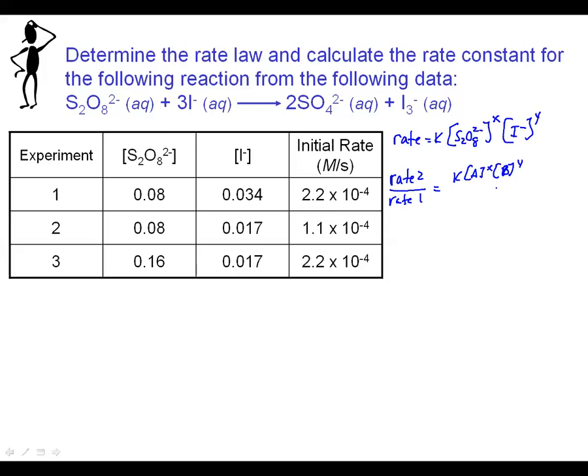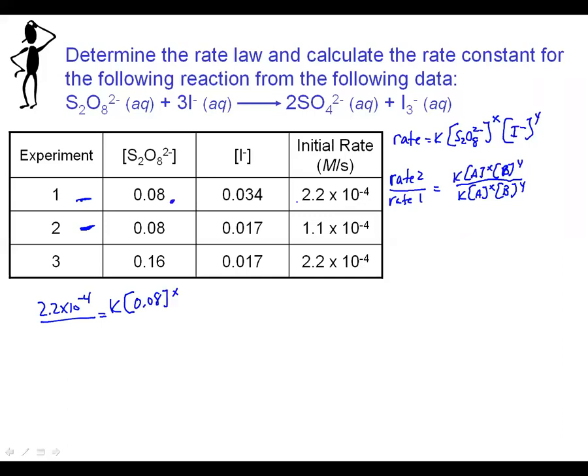So if we look at the table, in experiment 1 and experiment 2 the concentration of the S2O8 is constant, which means if we take our rate here, 2.2 times 10 to the minus 4 equals K times our 0.08 to the X, and that would be this one right here, times our 0.034 to the Y, which would be this one right here.